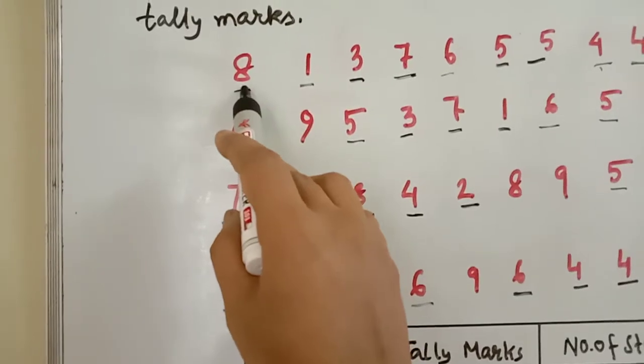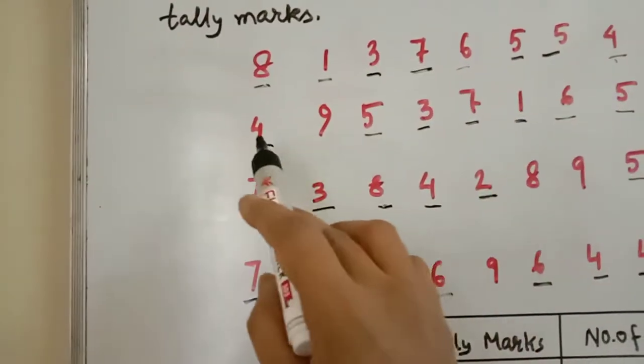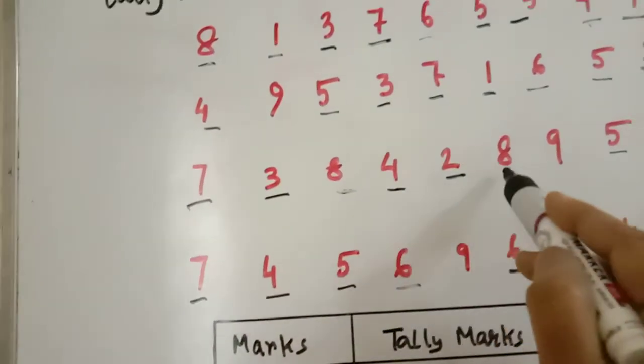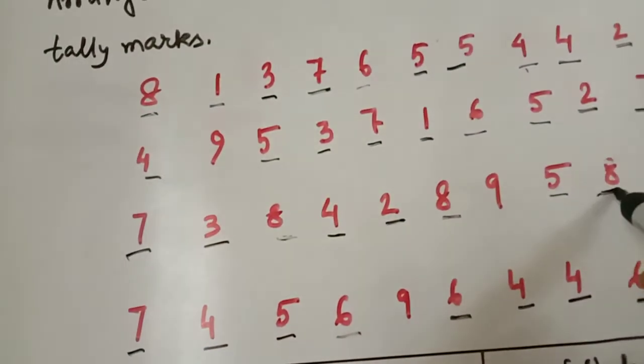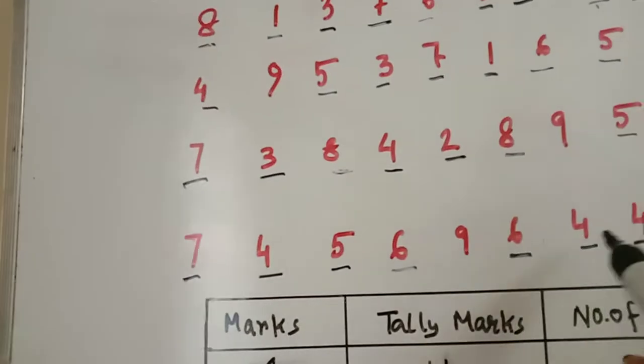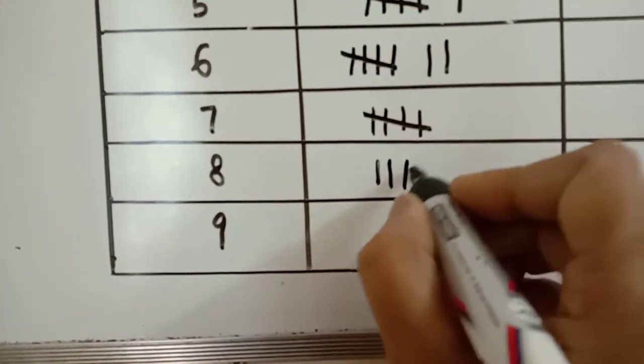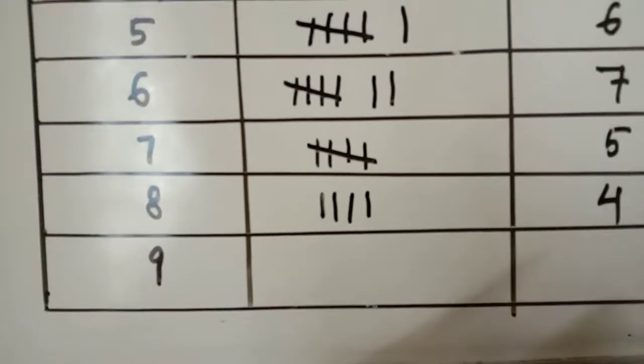Okay, 1, 2, 3, 4. 8 comes 4 times. 1, 2, 3, 4. 4 times.